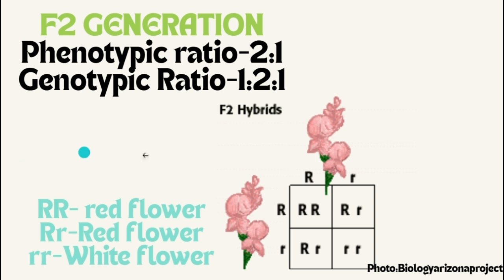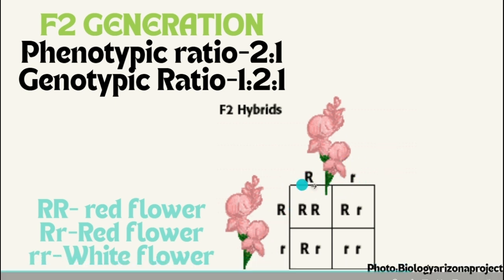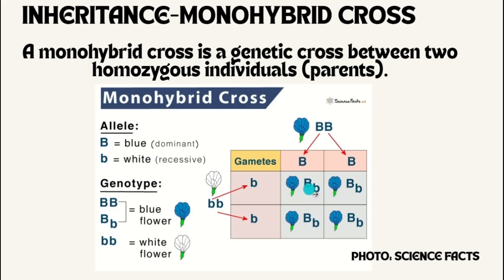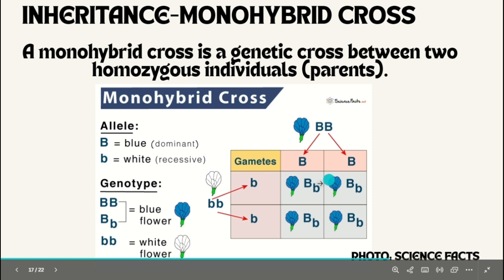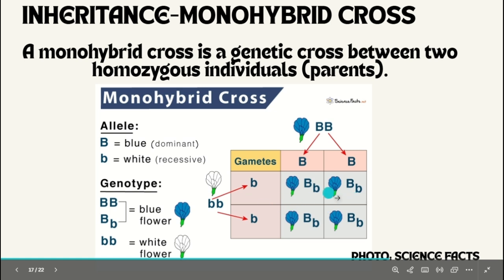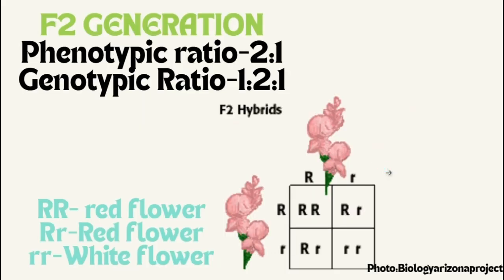Now we're using a different example. Here we have two heterozygous individuals. All of these individuals are heterozygous, by the way, because they have two different alleles. Usually at the end of the F1 generation, you're going to get heterozygous.